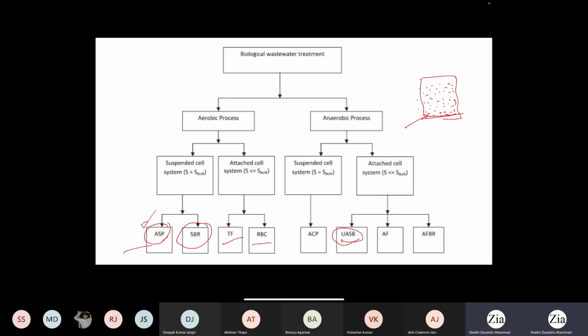You'll just try to fluidize or keep them suspended in the liquid by means of aeration. You can have a stirrer to maintain the mixing condition in the system, and then you keep them suspended. Or you can have an external recycling line. You can have a pump which will just draw the liquid along with the solid and then send them back to the reactor. So you'll have continuous recirculation. So different methods can be used to keep them suspended.